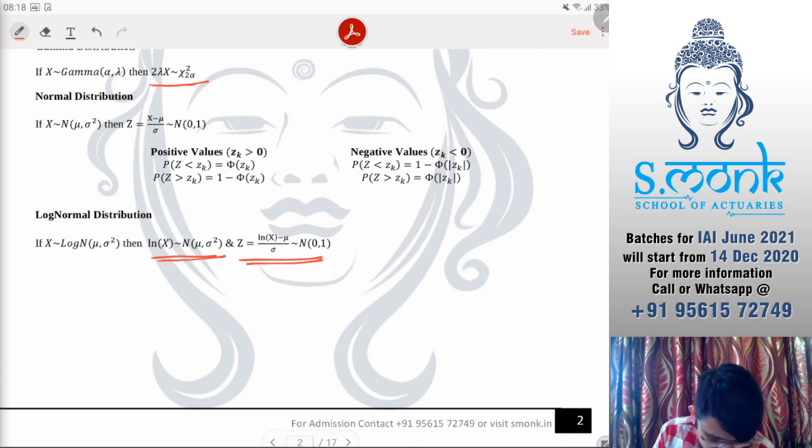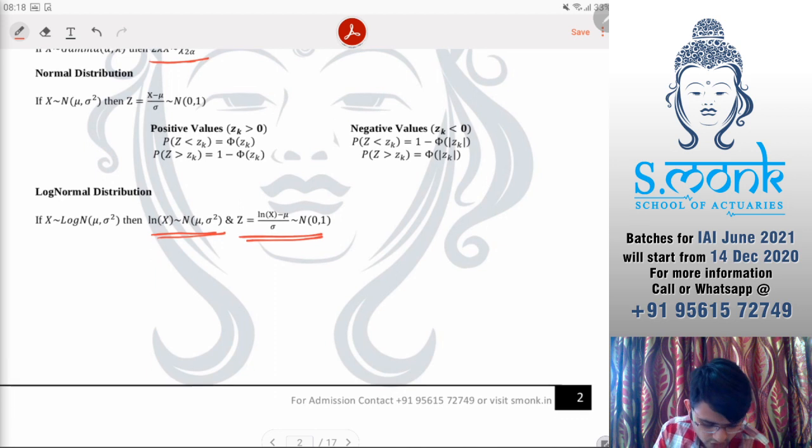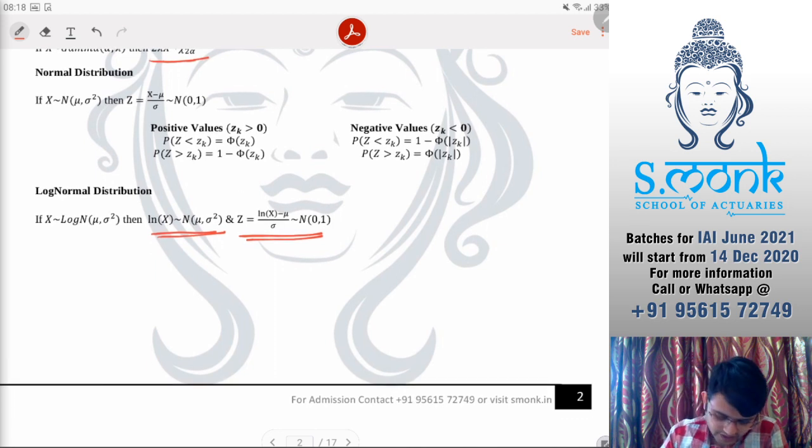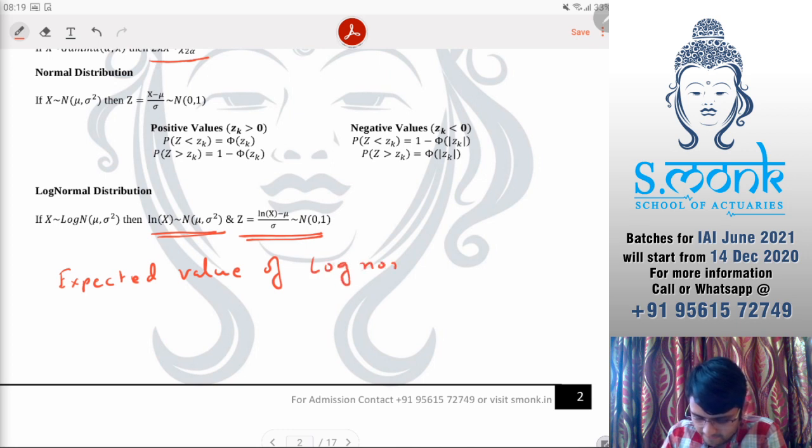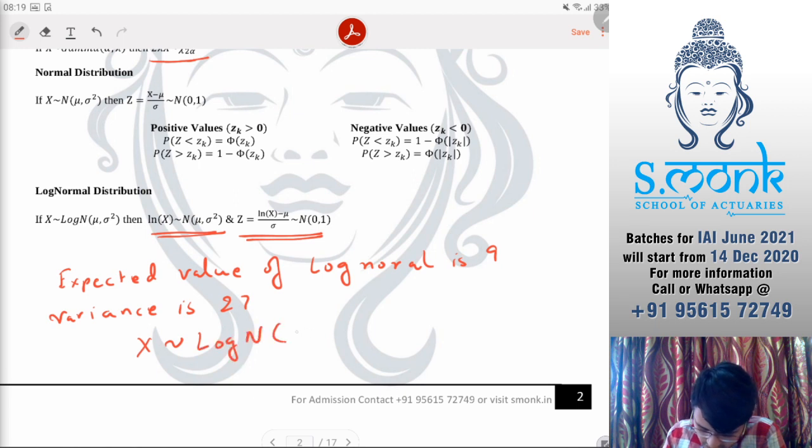Now, one of the biggest mistakes students make in log normal distribution questions is this: if they give a question where the expected value of log normal is, let's say, 9, and variance is, let's say, 27, I'm not sure what values this will give, I'm just taking an example, then students write x follows log normal 9 comma 27.